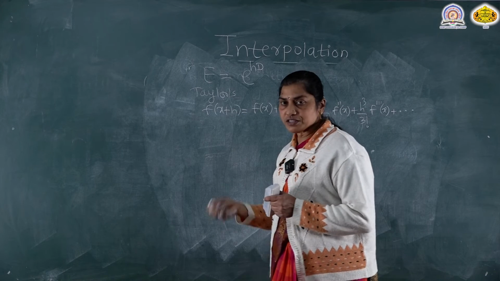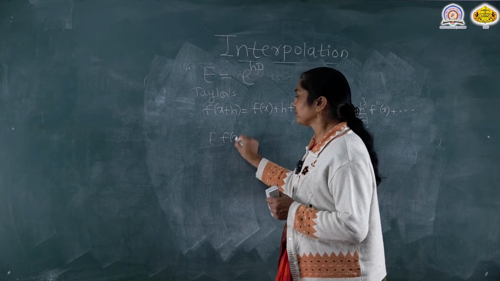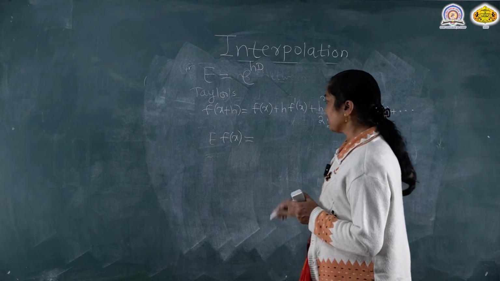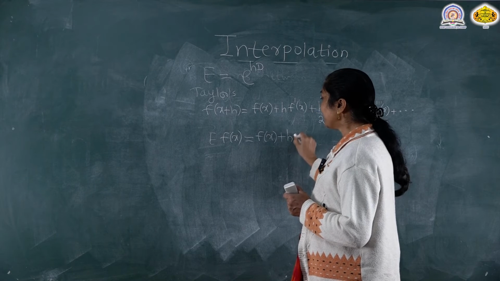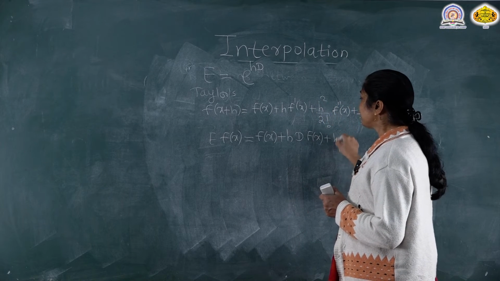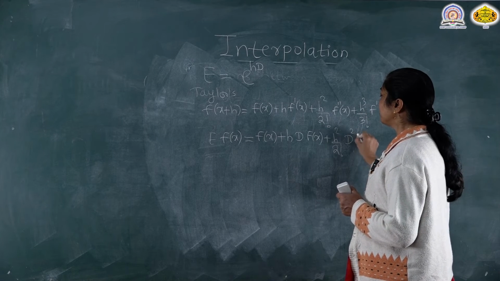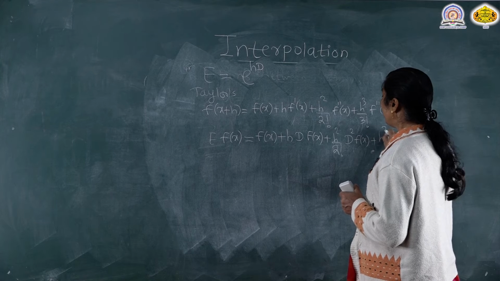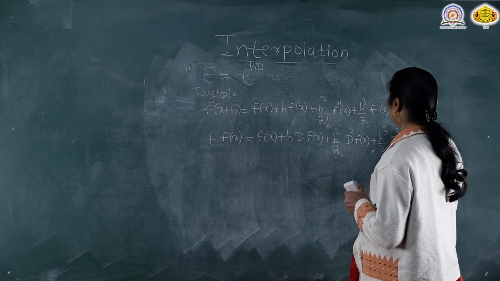What is f of x plus h? We have seen that this is nothing but E f(x). So E f(x) is f of x plus h, which is f(x) plus h times f dash x, that is D of f(x), plus h square by 2 factorial f double dash x, that is D square of f(x), plus h cube by 3 factorial D cube of f(x), and so on.